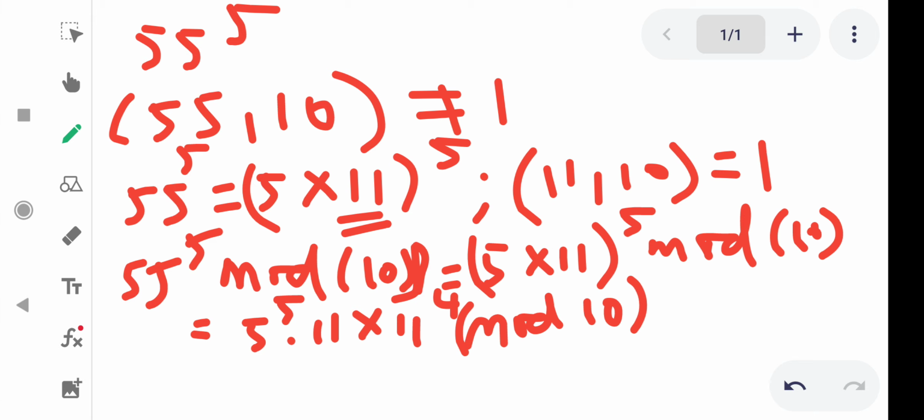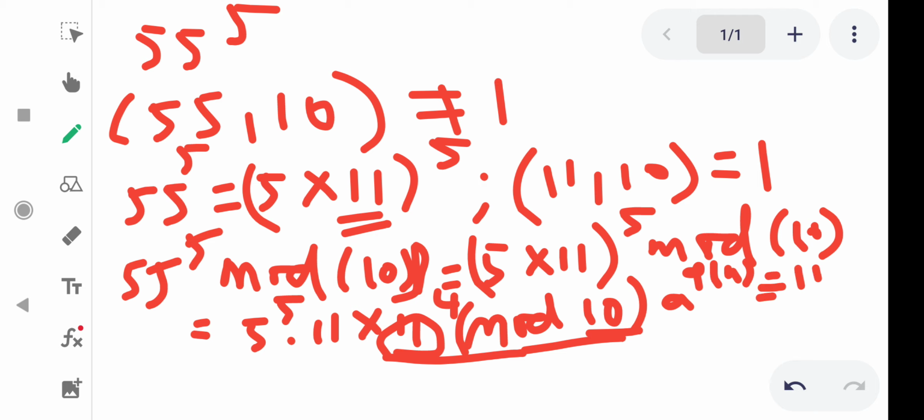So here 11 power 4 mod 10 is 1, because 10 and 11 are relatively prime and phi of n is 4. So by Euler's theorem, a to the power phi of n is congruent to 1 mod n.